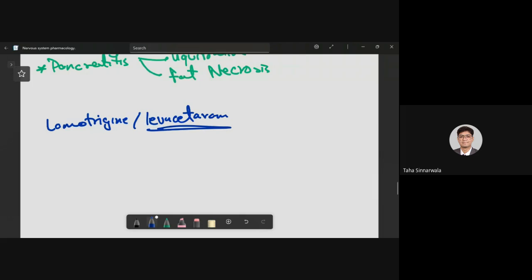But lamotrigine and levetiracetam. The only way they'll ask you about these medications is in one very specific context: these medications are good for childhood seizures, and that is very important to remember.